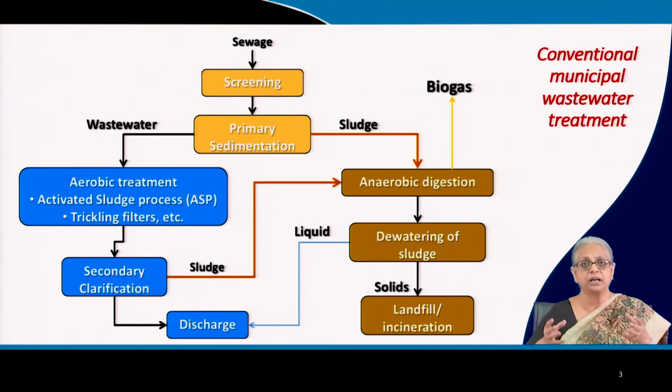These aggregates, when they are heavy enough, will settle by gravity. So you have secondary clarification, which will result in an enormous amount of sludge, and this sludge will go to anaerobic digestion. So both streams of sludge, from the primary sedimentation tank as well as the secondary clarifier, will be taken for anaerobic digestion.